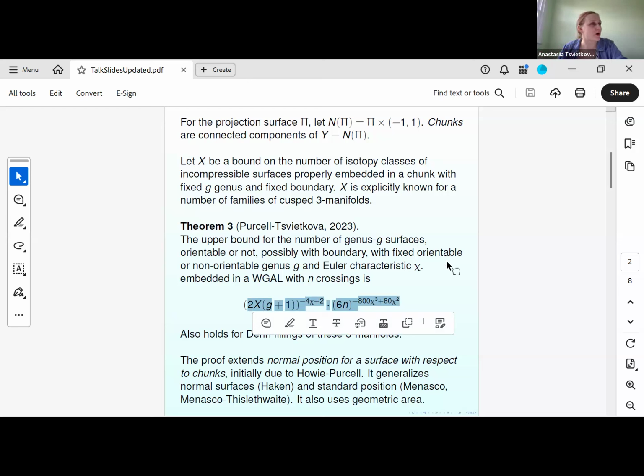There's been other work slightly before this, by Dunfield, Garoufalidis, and Rubinstein, where they give you the exact number of disconnected surfaces, which is an upper bound on the number of connected surfaces for many link complements, and for many manifolds. A manifold has to satisfy some restrictions, but it's still a wide family.